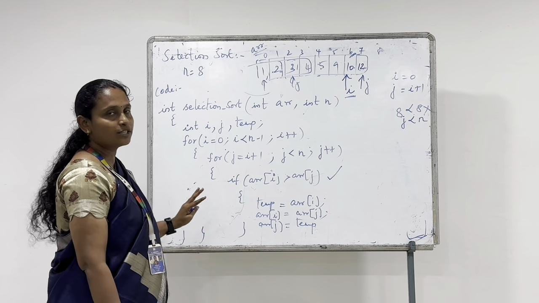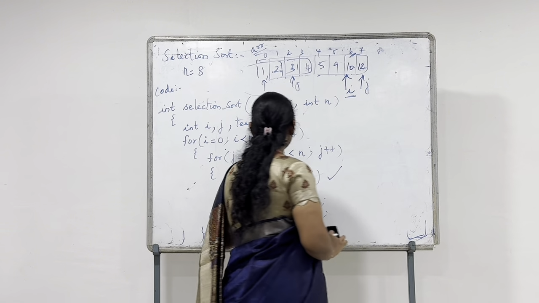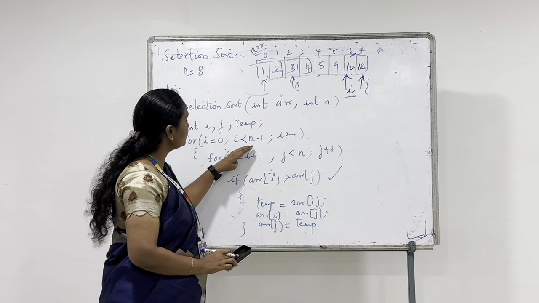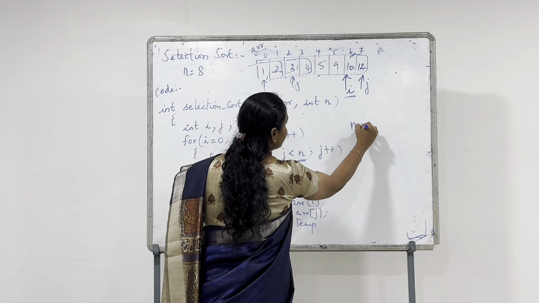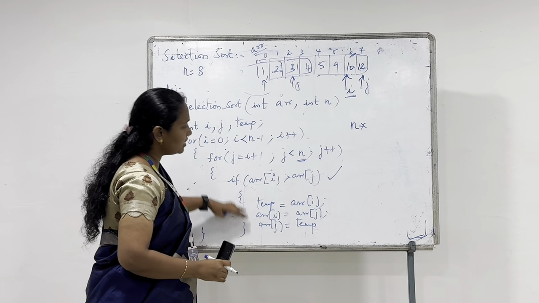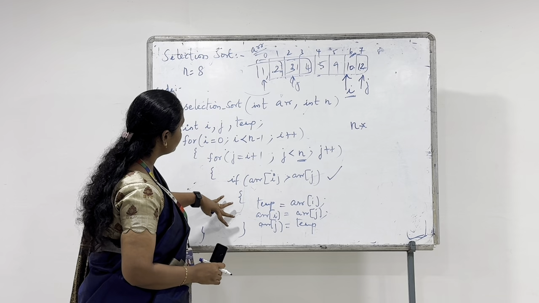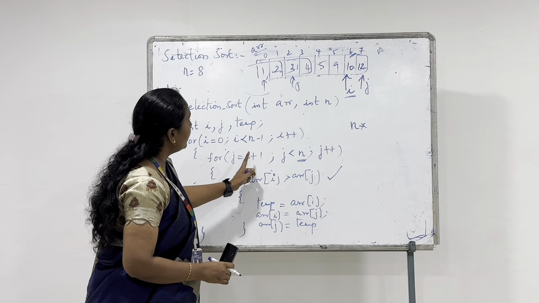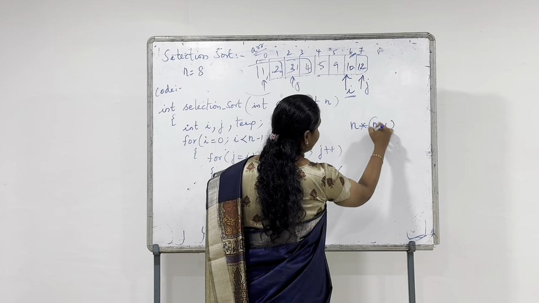Okay. This is about selection sort, and the running time of this program is, this loop takes n time to run, and this is the basic operation here. And this loop will take n minus 1 time to run.